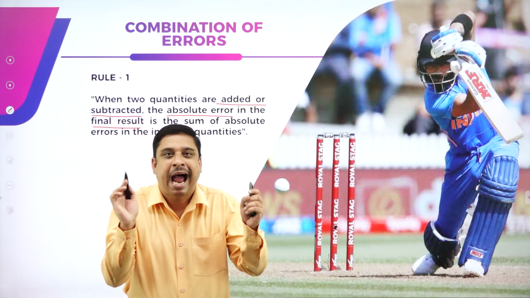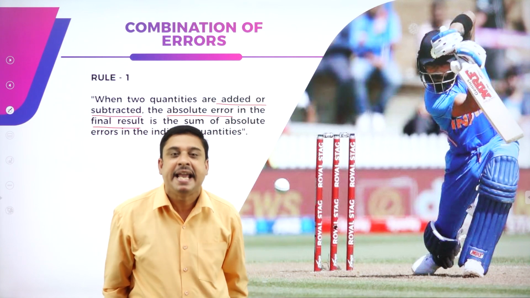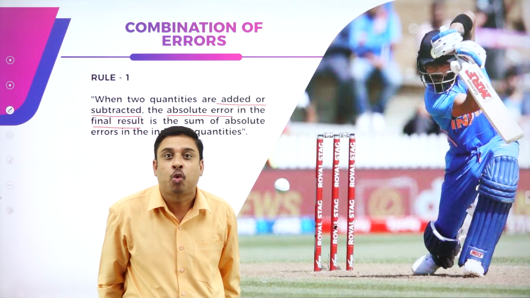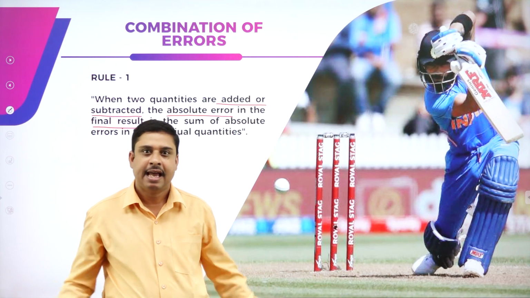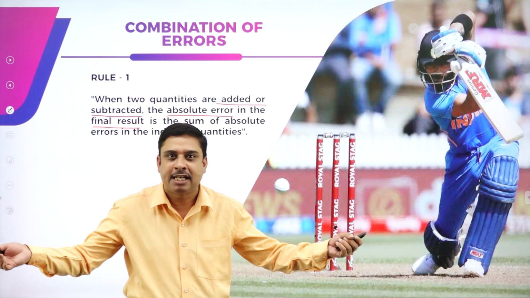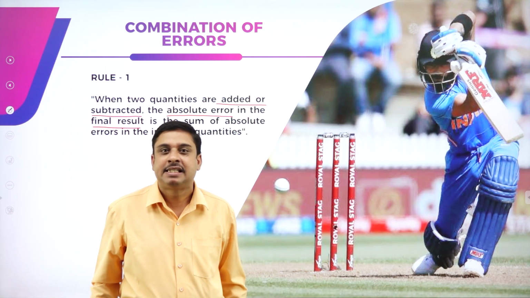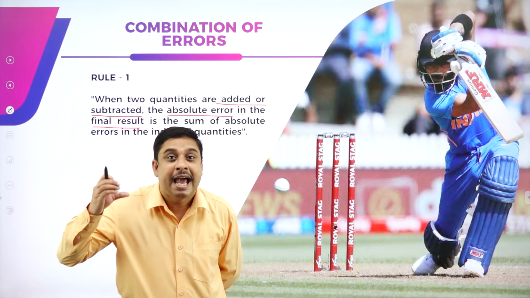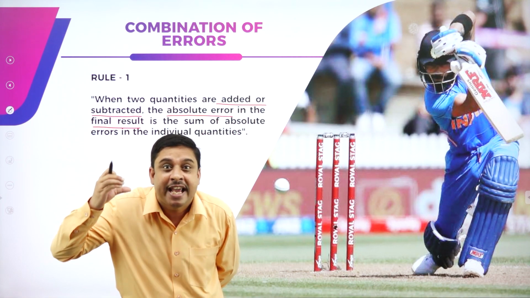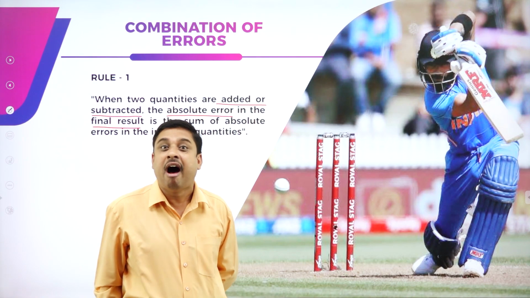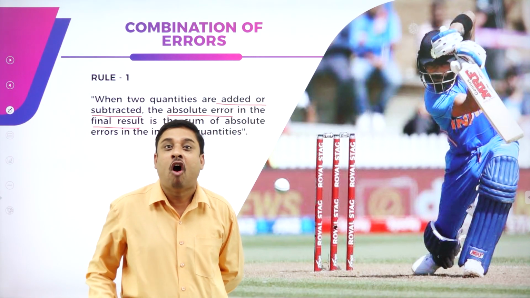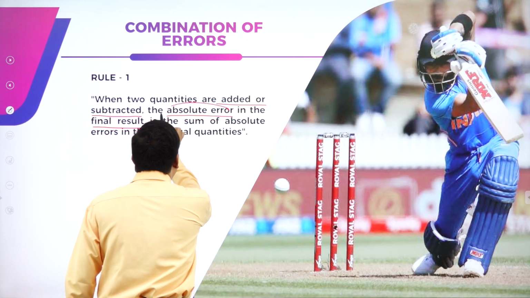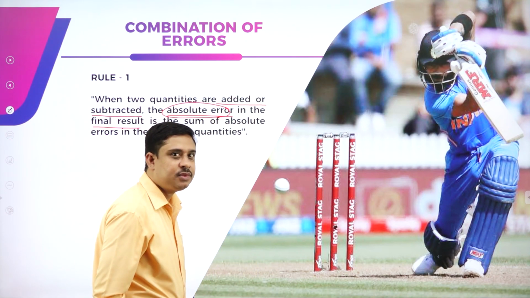So when you add two quantities or when you subtract two quantities, essentially I told there has to be some error, some uncertainty. Here, the error in the final result after addition or subtraction is called absolute error.